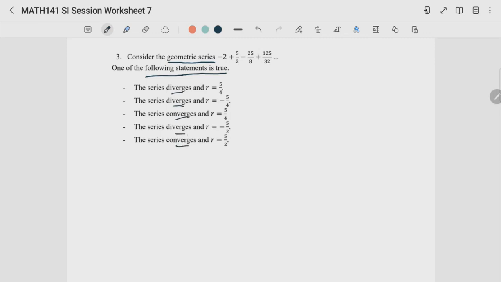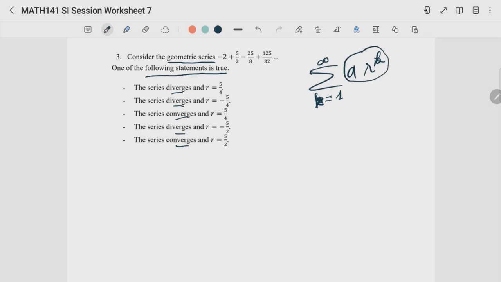Now, remember, the general form of a geometric series is some series of the form a times r to the k, right? And k could go from 1 or 0, depending on the series, but this is the general form, a times r to the k.